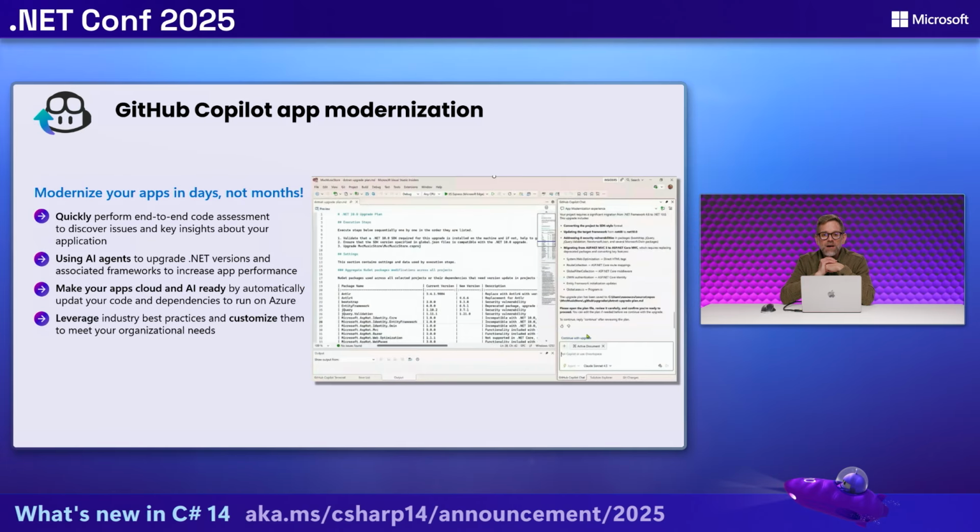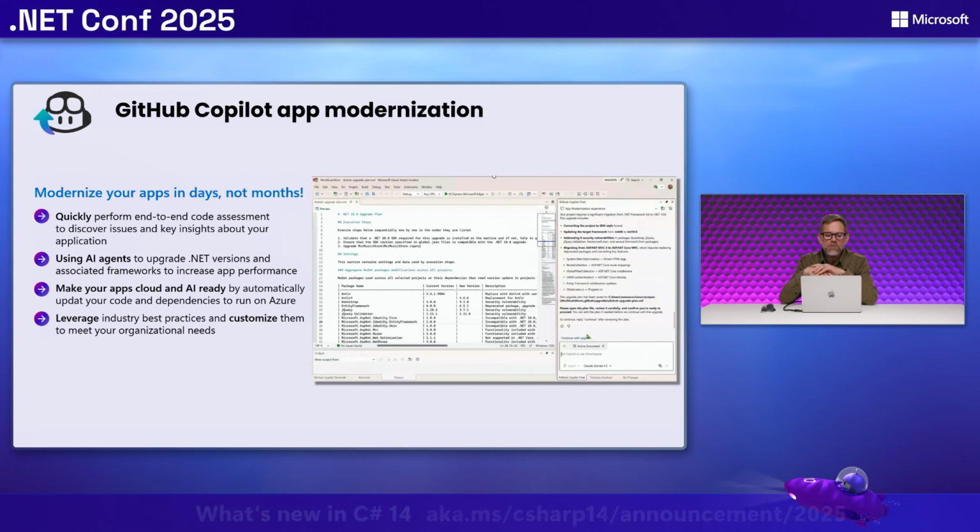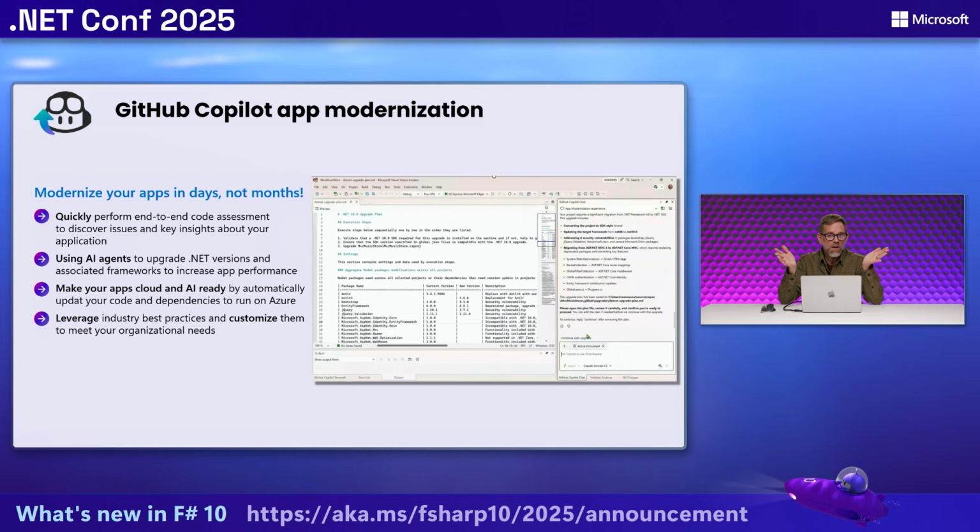The thing I want to talk about today is called GitHub Copilot App Modernization. It obviously lives in GitHub Copilot, and you can think of it as an agent that helps you modernize your applications from various stages in .NET, whether it's .NET Framework or earlier versions of .NET like Core, all the way up to .NET 8, .NET 9, .NET 10.